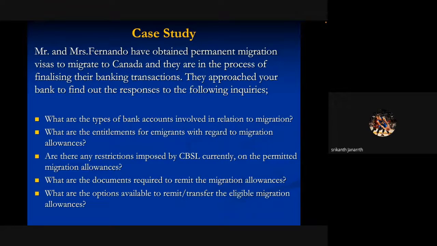What are the options available to remit or transfer the eligible migration allowance? You can say to remit outside Sri Lanka to the immigrant's account, then to transfer to the PFCA, IIA or OBU account of the immigrant.